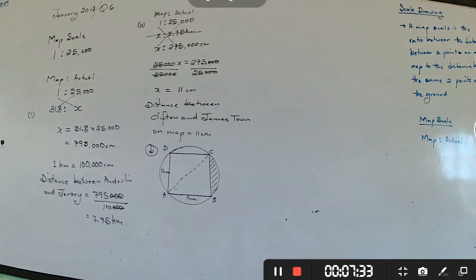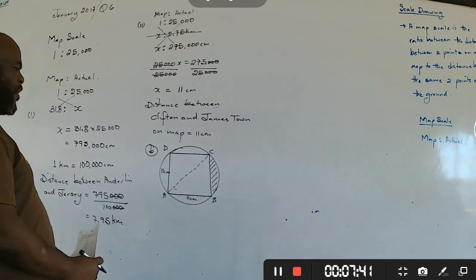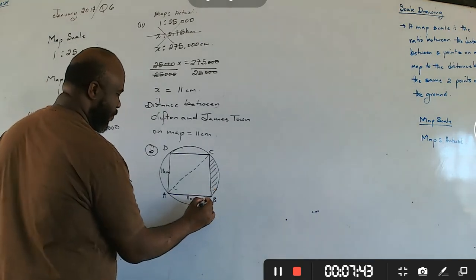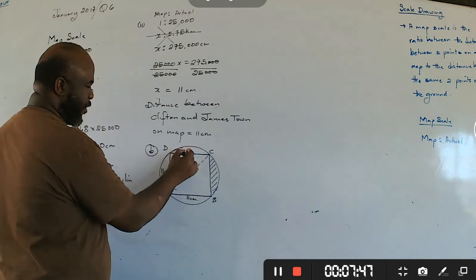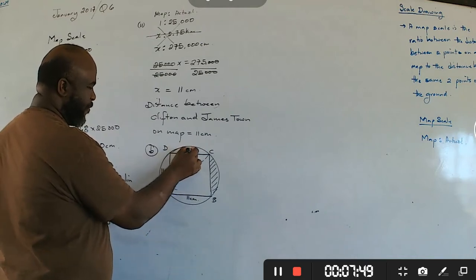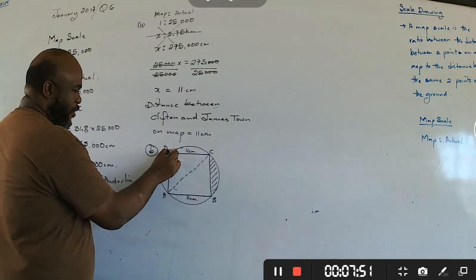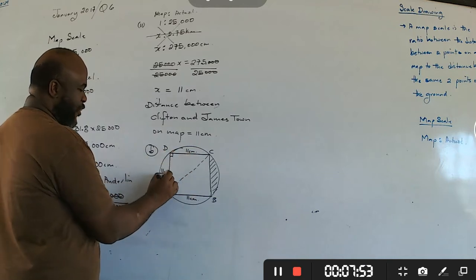So here's what they said. Show that the diameter of the circle is 11 root 2 centimeters. Well, it's not hard. We need to find this distance. If this is 11, what is up here? 11. Now, this is a right angle triangle.